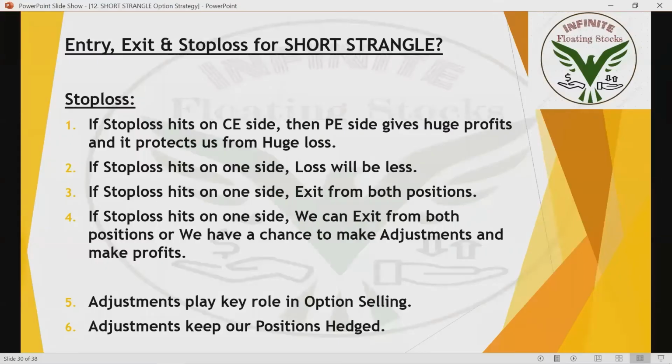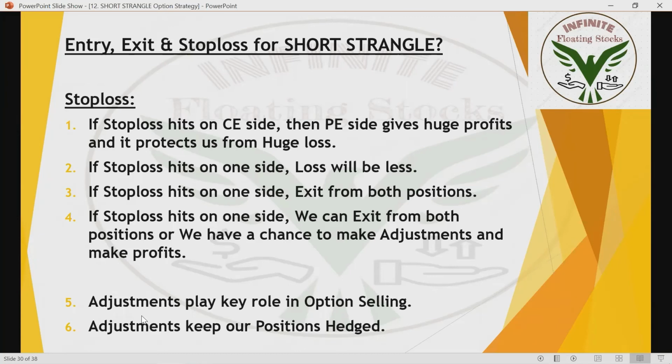So if the stop loss hits on one side, we can exit from both the positions, and we have a chance to make adjustments and make profit. I'll be talking about adjustments, what to do, how to make adjustments and all those things in later sessions. That's an advanced concept, so not now.